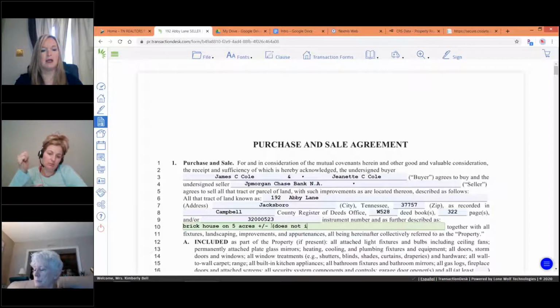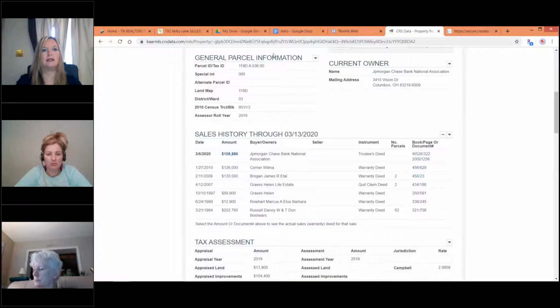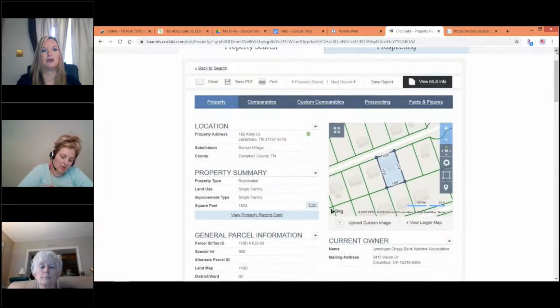Does not include 75 acres. Could put that. You could put the PIN, which is this number right here. And this is back on the tax records. Okay, I'm back on the tax records.